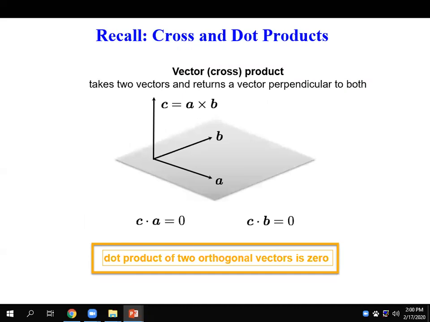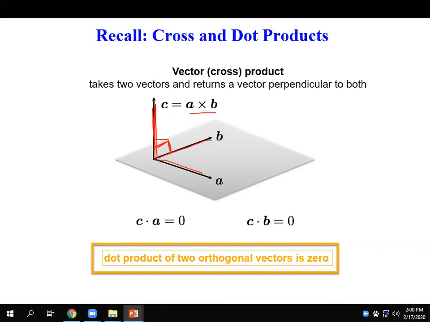Just before moving forward, let's recall the idea of the cross product and the dot product. If you have two vectors like that, the cross product will be a vector that is perpendicular to both of these. How about the dot product between C and B? The dot product between any vectors that are perpendicular to each other will give you 0.